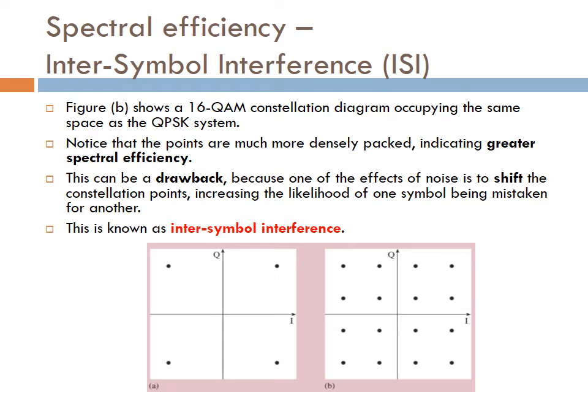This is called intersymbol interference, and it leads to demodulating the symbol as other bits, which increases the bit error rate.